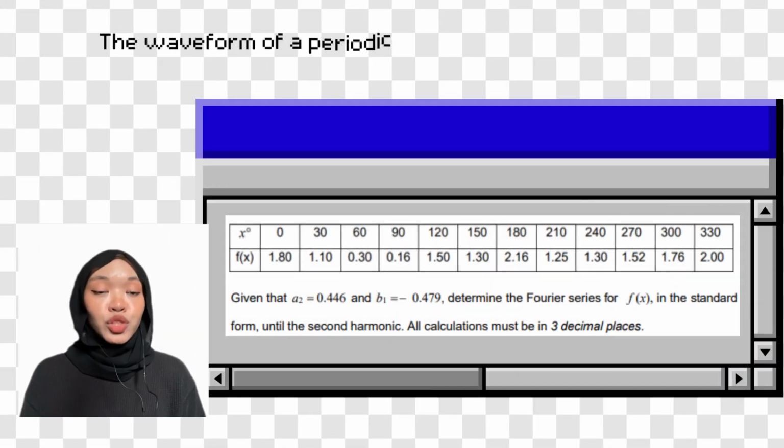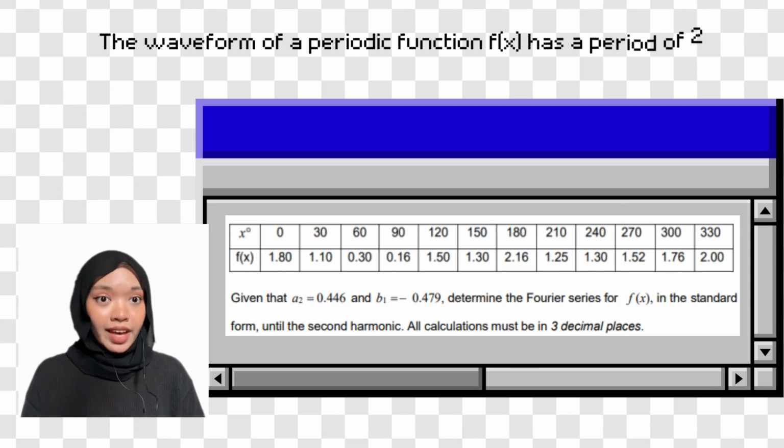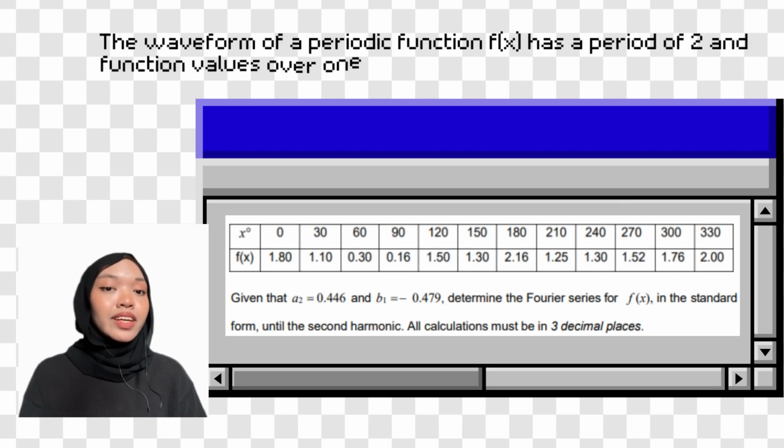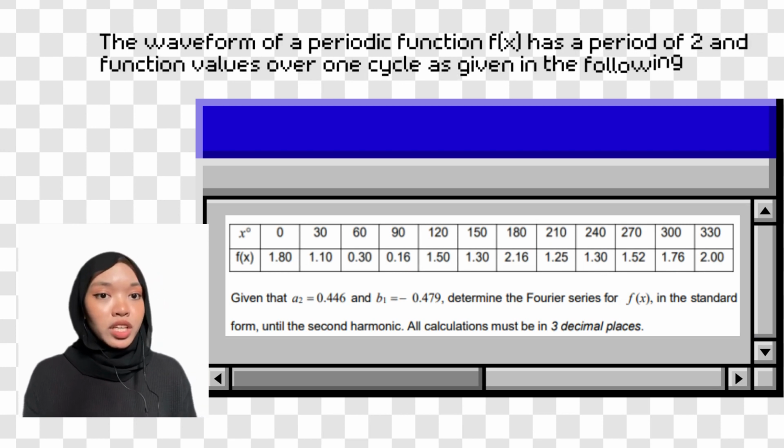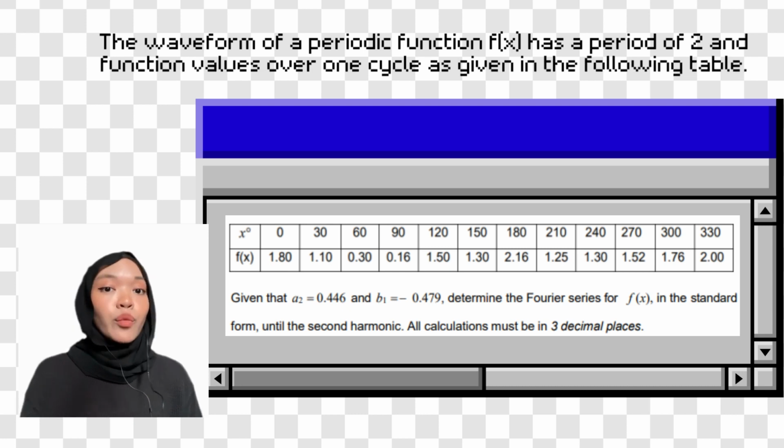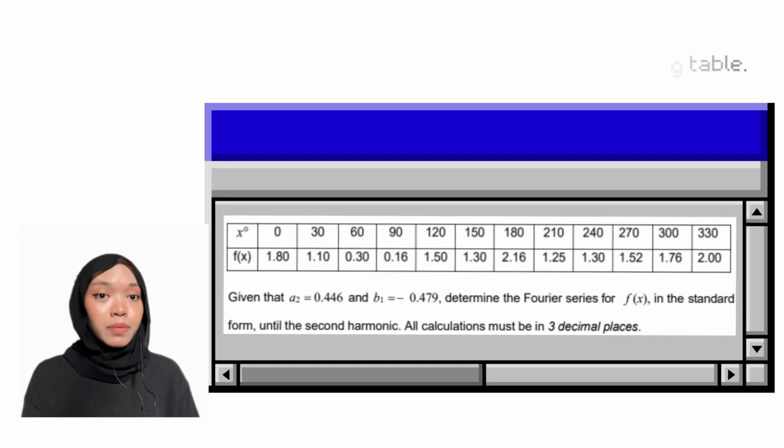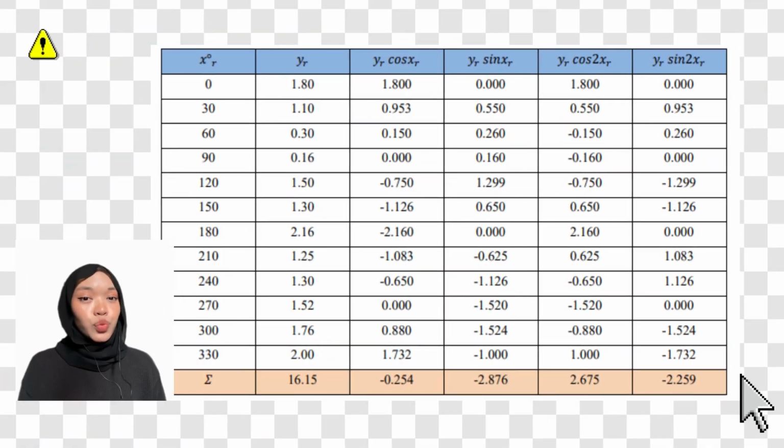The question asks to determine the Fourier series for f(x) in the standard form until the second harmonic. From the question, the values for xr and yr are already given along with the values of a2 and b1. The first step is we need to construct a table that consists of xr, yr, yr cos xr, yr sin xr, yr cos 2xr, and yr sin 2xr.